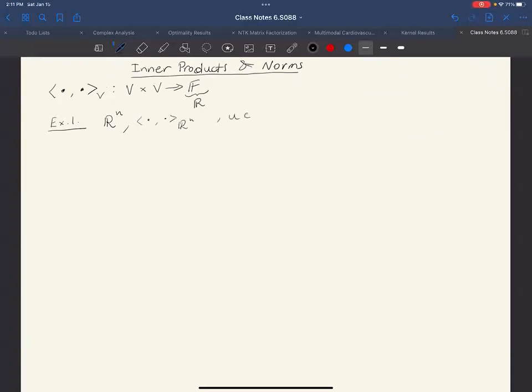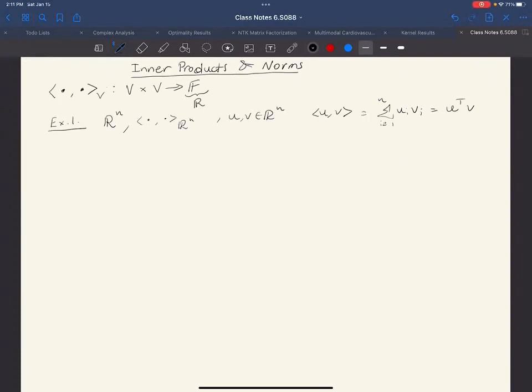So given u, v as two vectors in Rn, this inner product of u and v is exactly the summation i equals 1 to n of ui vi. Okay, and this is very much what you would have seen, which is just like u transpose v. All of these are the same. This is the standard dot product that you would have seen on a finite dimensional vector space.